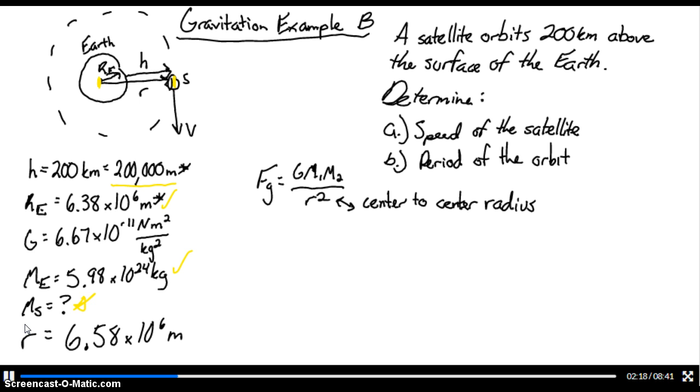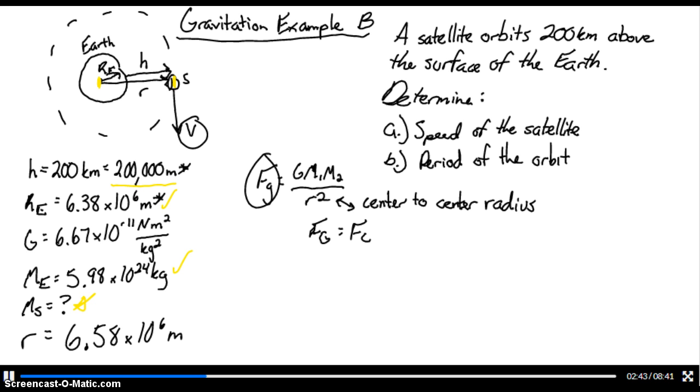So, I want to find the speed of the satellite. So, we need to find the velocity of that satellite right here. Looking at this, we want to recall some old centripetal acceleration problems, because it's actually gravity that's causing the centripetal force. So, we'll write it as Fg is equal to Fc.